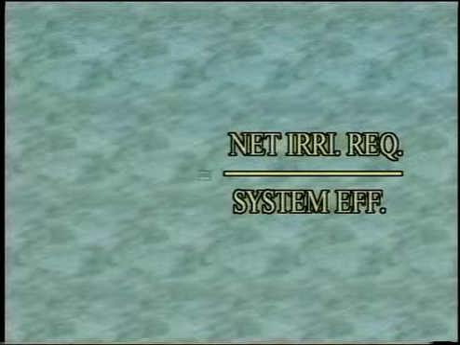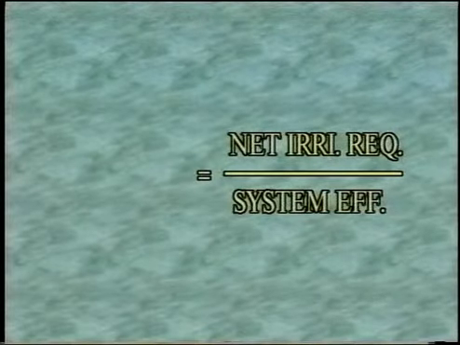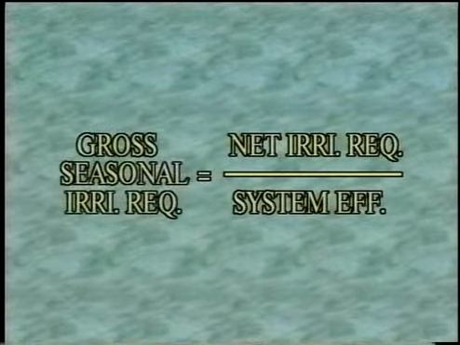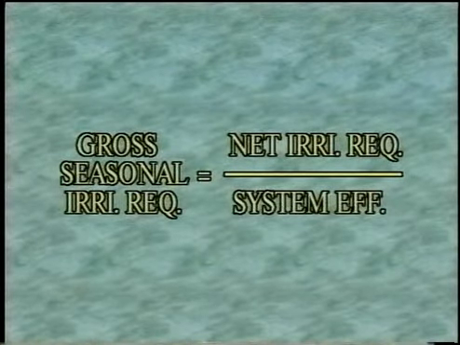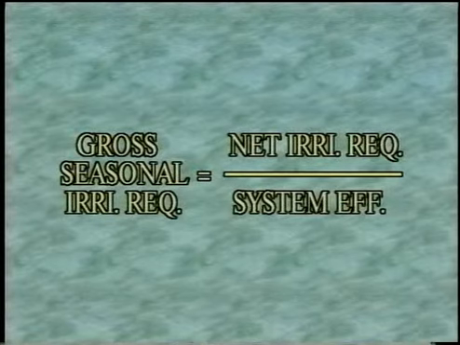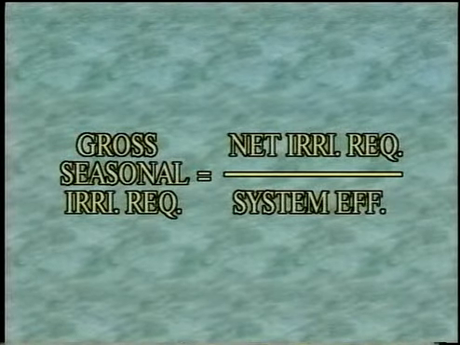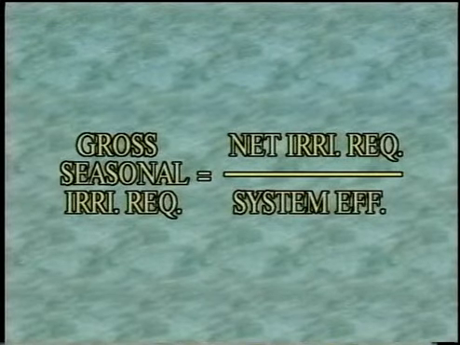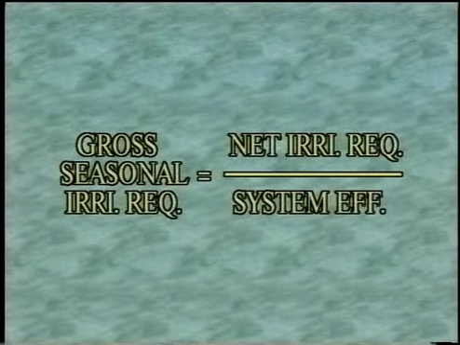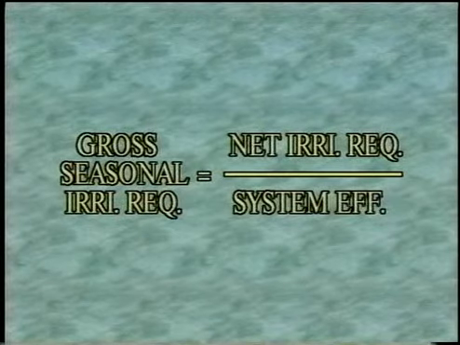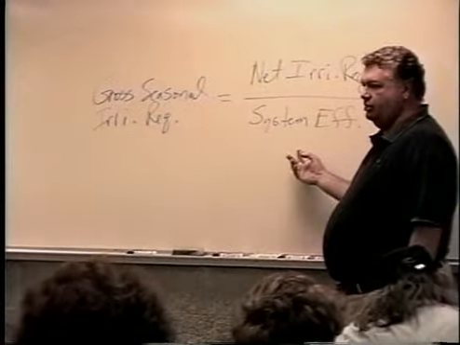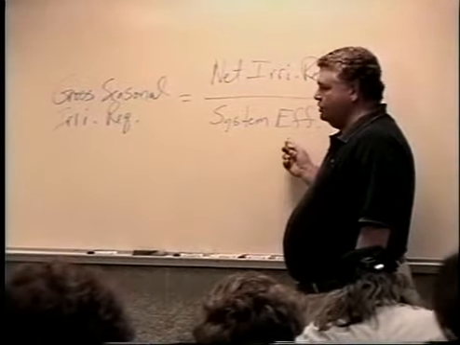That will equal the seasonal irrigation, the gross seasonal irrigation requirement. The total amount of water we're going to need to apply is going to be the net divided by the efficiency.